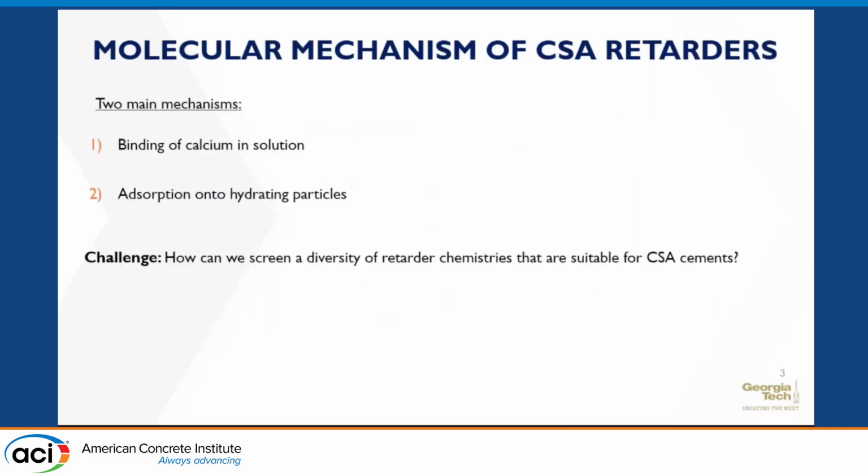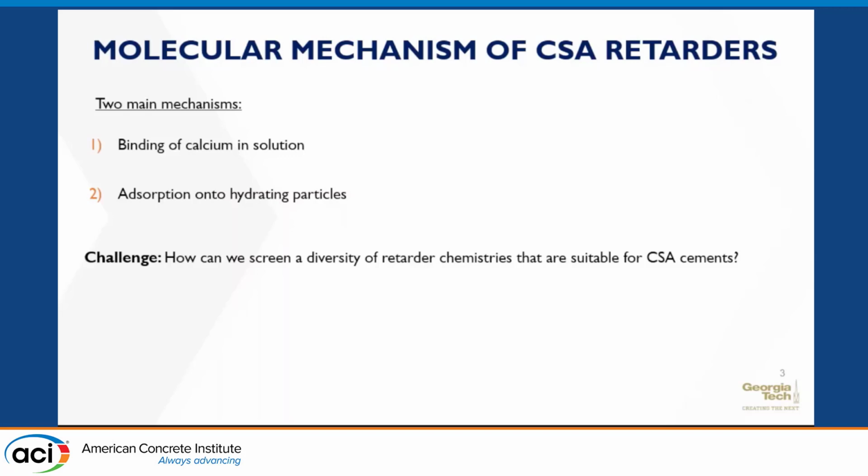When we look at retarder and CSA interactions, we consider two main mechanisms, one of which is the binding of calcium in solution. For example, carboxylic acids can bind to calcium ions on some crystal surfaces and prevent further growth of these hydrates.